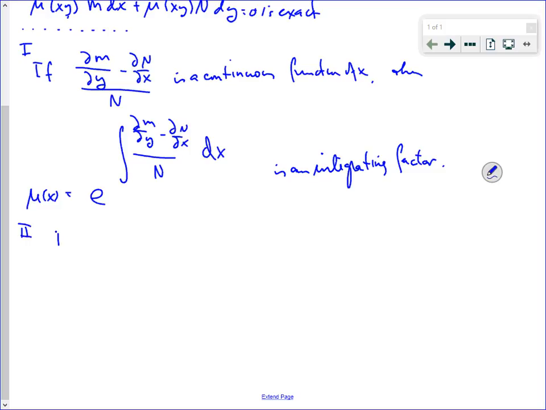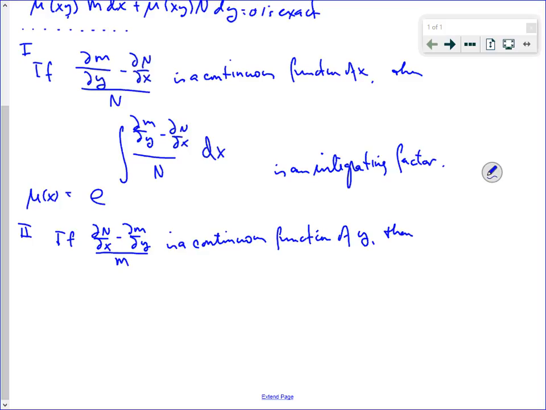If the partial of N with respect to x minus the partial of M with respect to y, so I just changed the order, divided by M in this case, is a continuous function of y, then let's integrate that with respect to y.